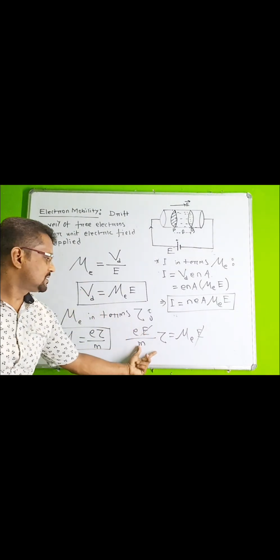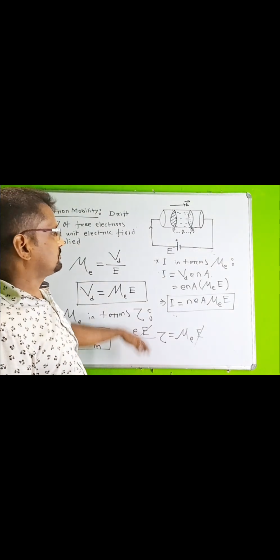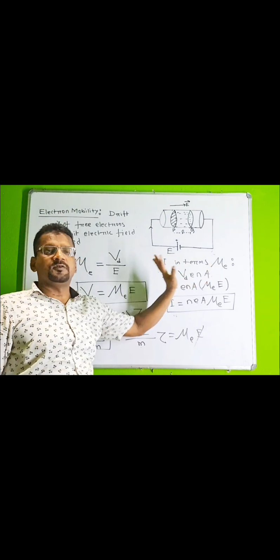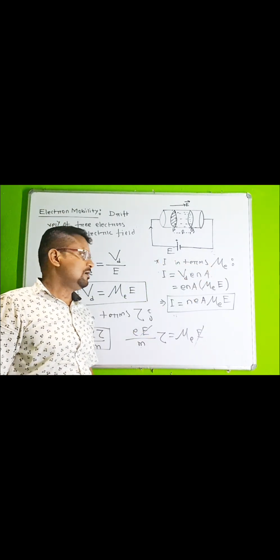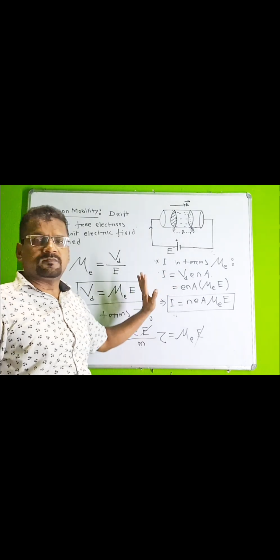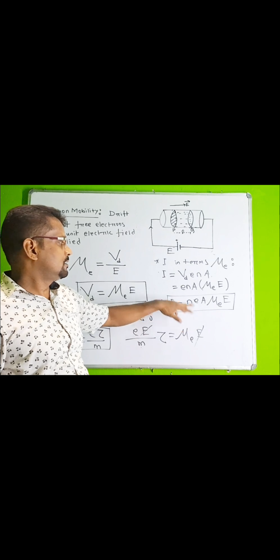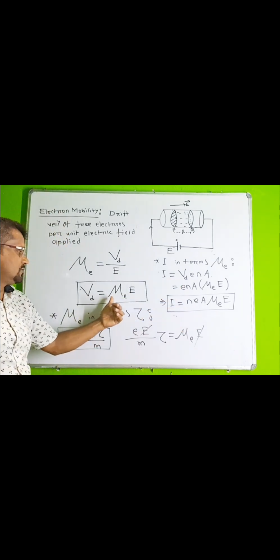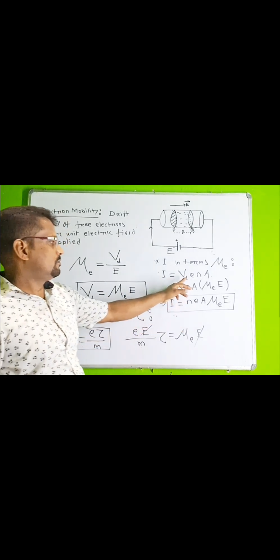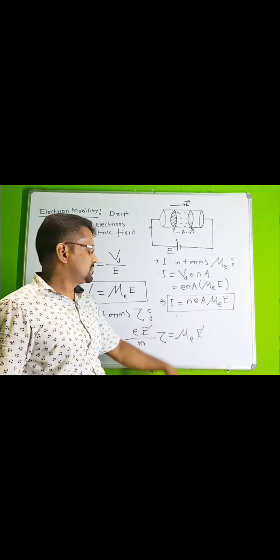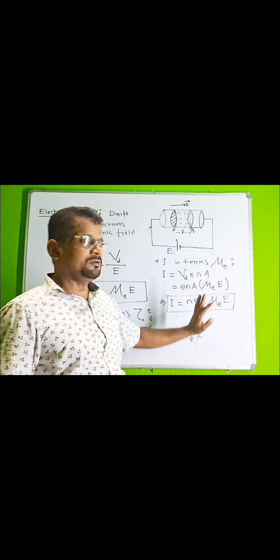E cancels out and you will get mu e equals e tau by m. So this is electron mobility in terms of tau. After that, current in terms of electron mobility: write the relation between current and drift velocity, and replace the drift velocity with mu e into E. You will get the relation between current and electron mobility.